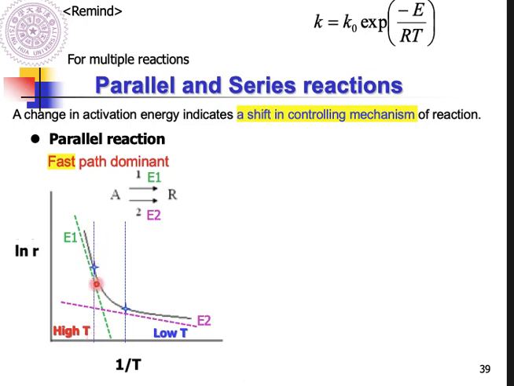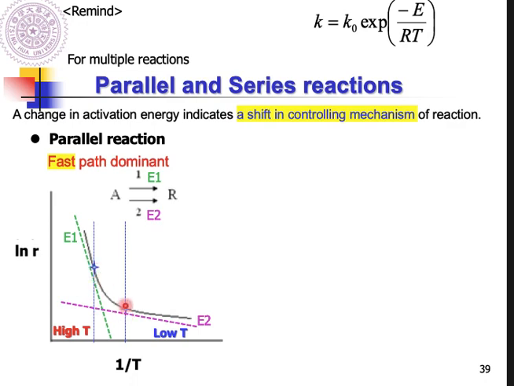After you analyze the data points recorded from your experiments, you find the consumption rate of reactants is closer to reaction 1, the fast reaction, at high temperature, and the same thing happens at low temperature, where the consumption rate is closer to the fast reaction, which is reaction 2 here.